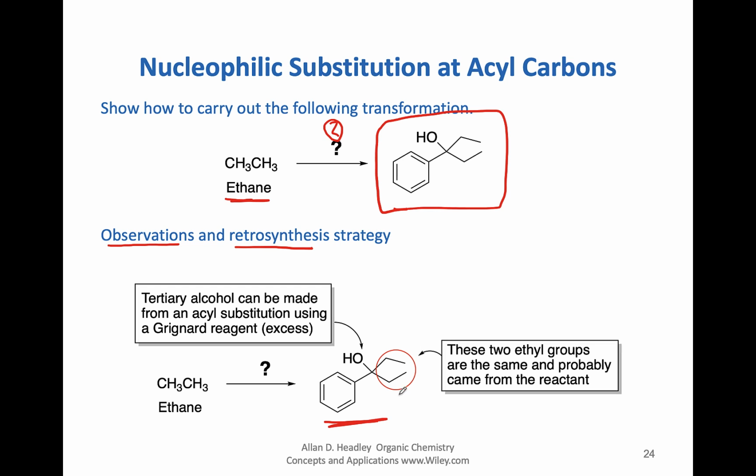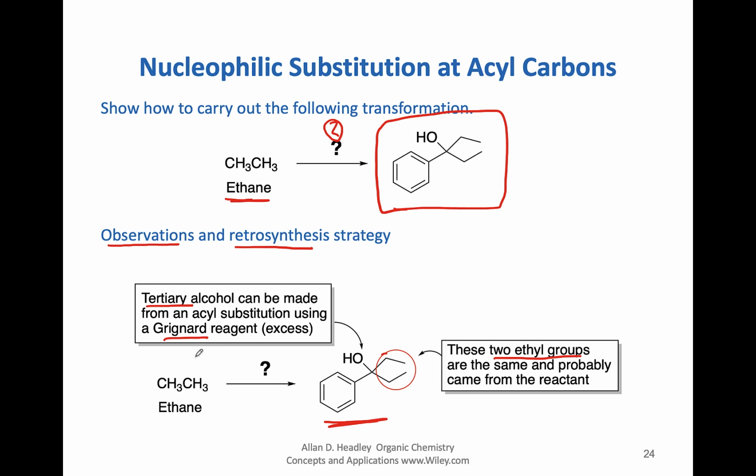One giveaway here is that this is a tertiary alcohol, and we know that tertiary alcohols can be made by substitution reactions of an ester. Another giveaway is that these two groups here are the same. Two ethyl groups are the same, and they can come from a Grignard reagent.